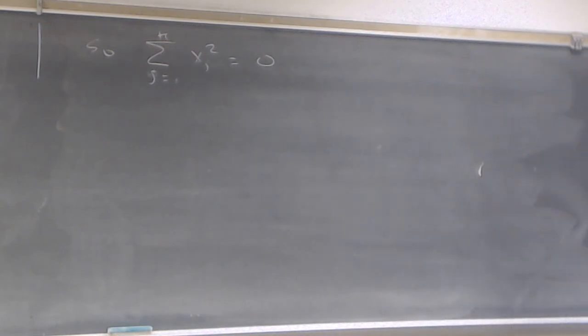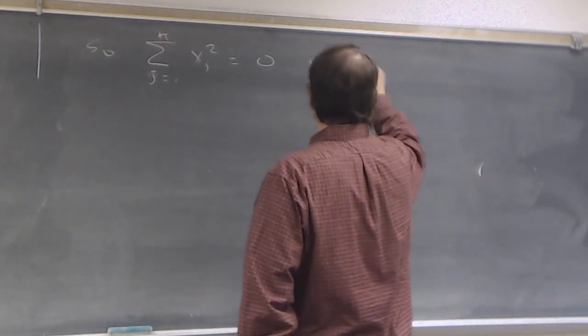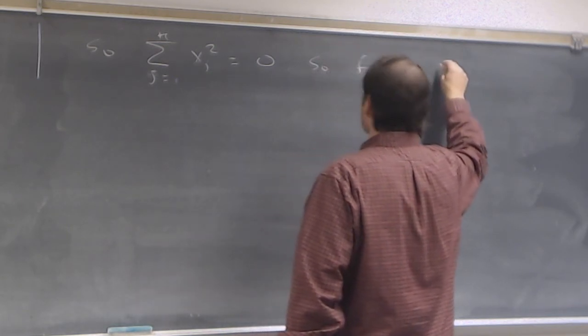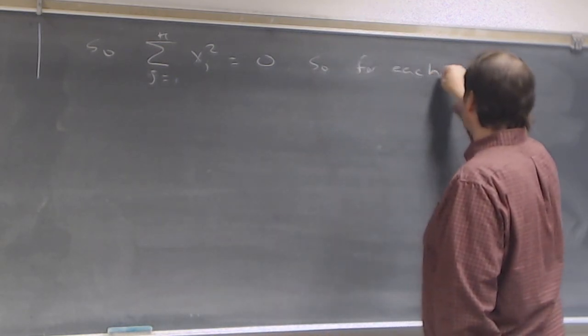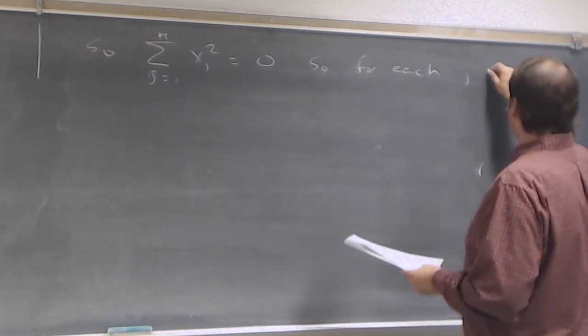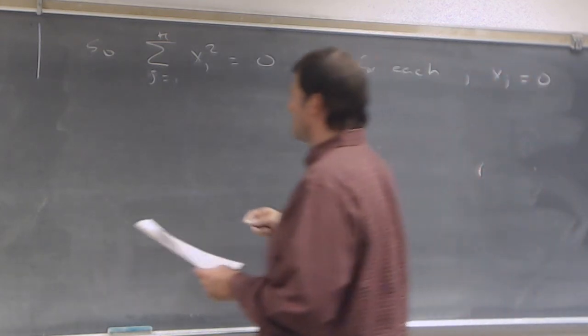If you square both sides, you get that sum is going to be equal to 0. And what that means is, for each j, x of j has to be equal to 0.